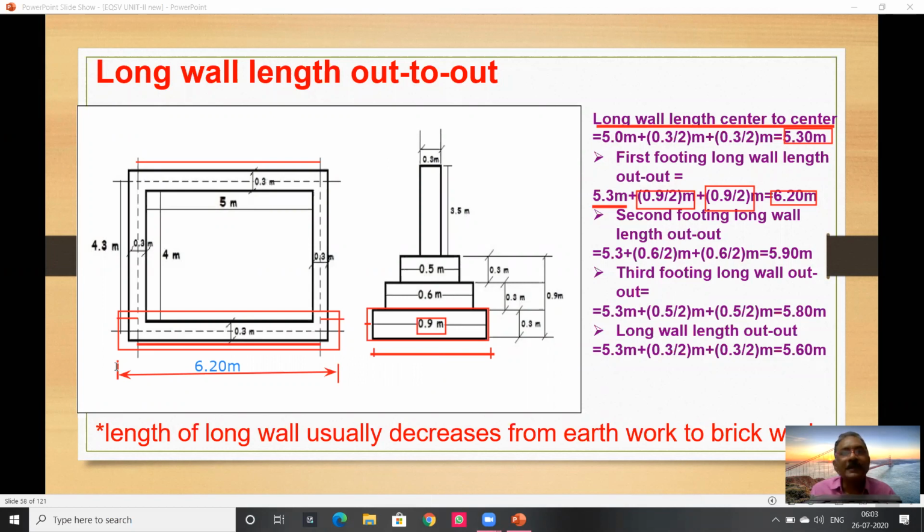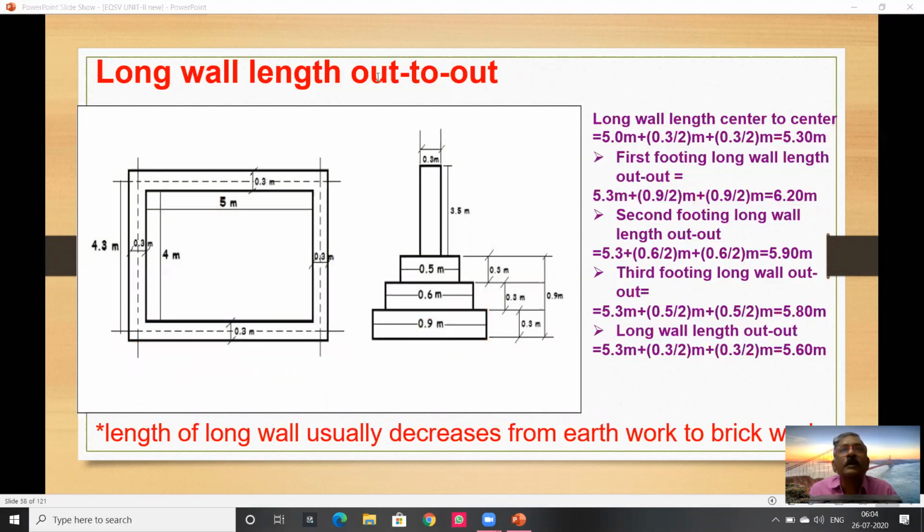If you go for the second footing, its width is less than your first footing. How much? 0.6 meters. I will clear these dimensions and show you. This is the first footing, already calculated.